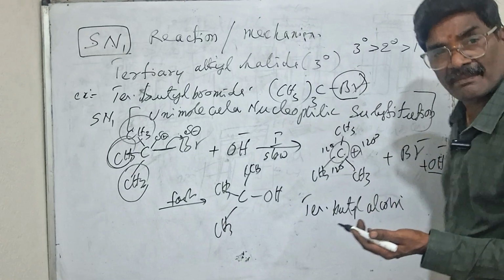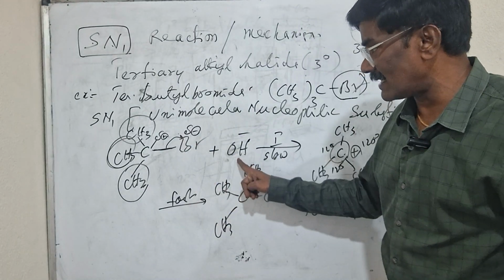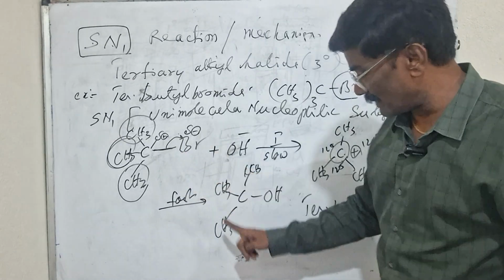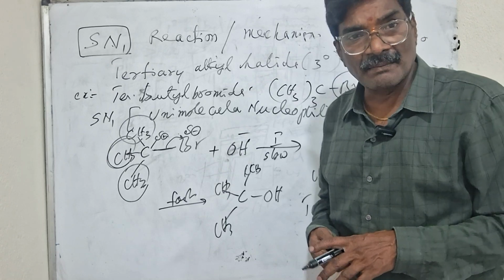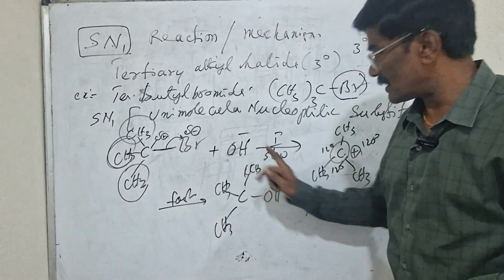A reaction between ions is always faster. In the first step, only one is an ion, the other has just polarity.